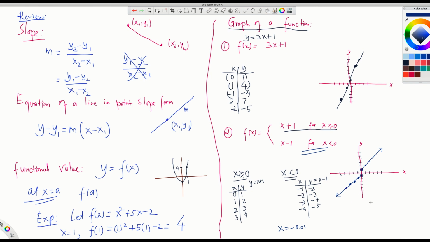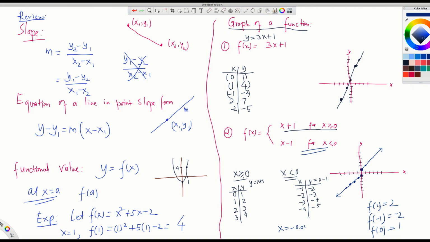So you can say, what is f at 1? If you want to find f at 1, you look at this function, okay? f at 1 is 2, right? And f at negative 1, the height is negative because it is below the x-axis. So that will be negative 2. You see that? How about f at 0? f at 0, you look at the closed circle one. You see that? So you look at the top one, that will be 1.